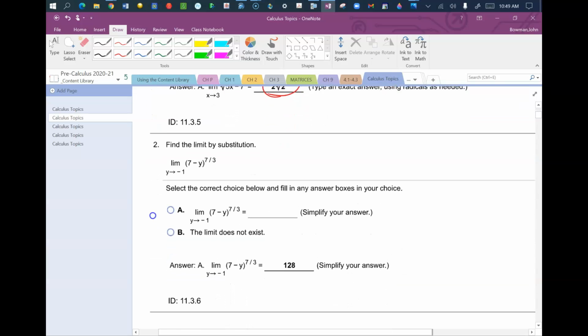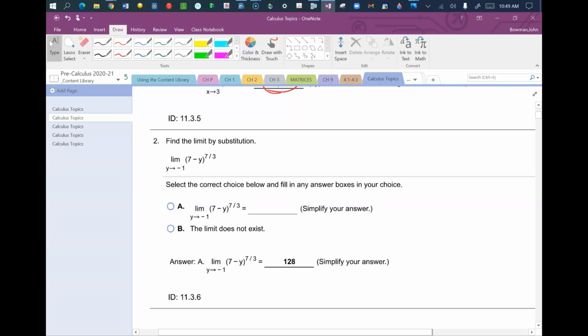Here's another example. This one specifically says find the limit by substitution. Usually you're not going to be told that, so we are going to try substituting in -1, 7 minus -1 to the 7/3 power. That would be equal to 8 to the 7/3 power.